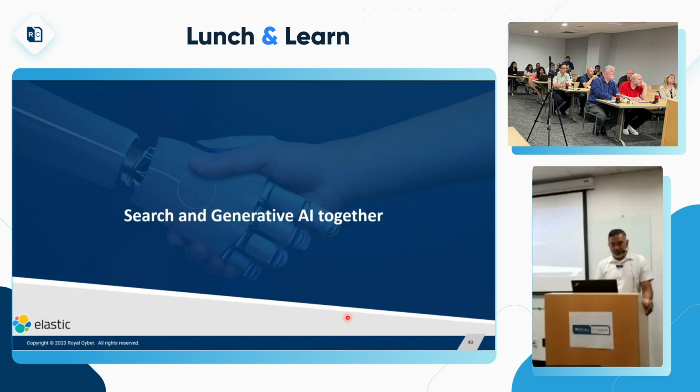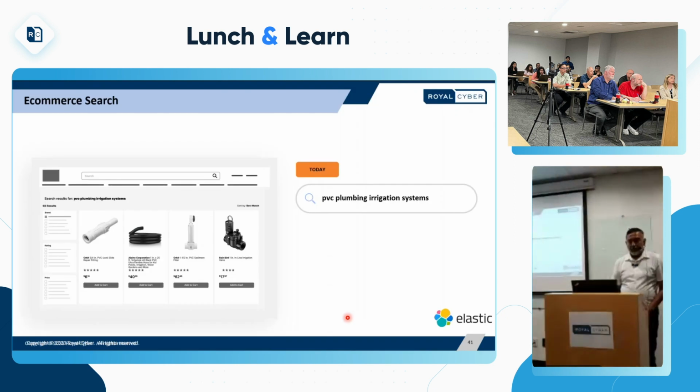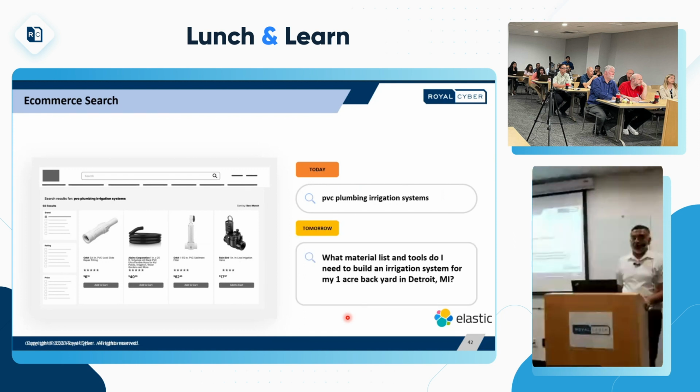Today, if you go to any B2C or B2B commerce site and search for PVC plumbing irrigation system, this works. But tomorrow you want to ask: what material lists and tools do I need to build an irrigation system for my 1 acre backyard in Detroit, Michigan?